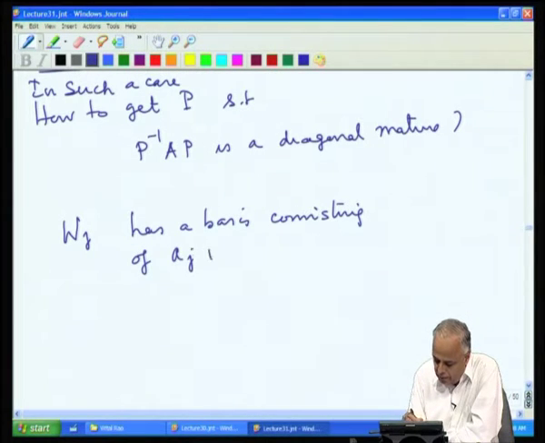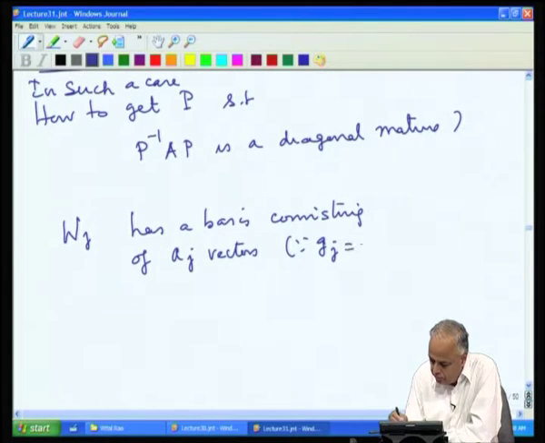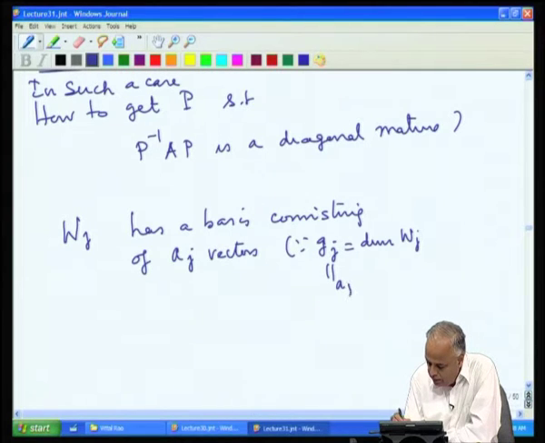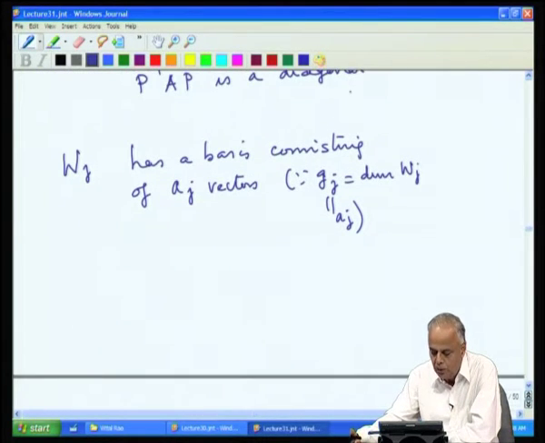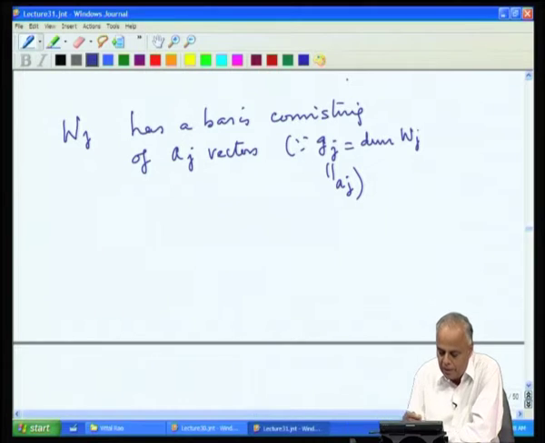This is what we are assuming, that the geometric multiplicity is equal to the algebraic multiplicity. So, it has a basis consisting of a j vectors.